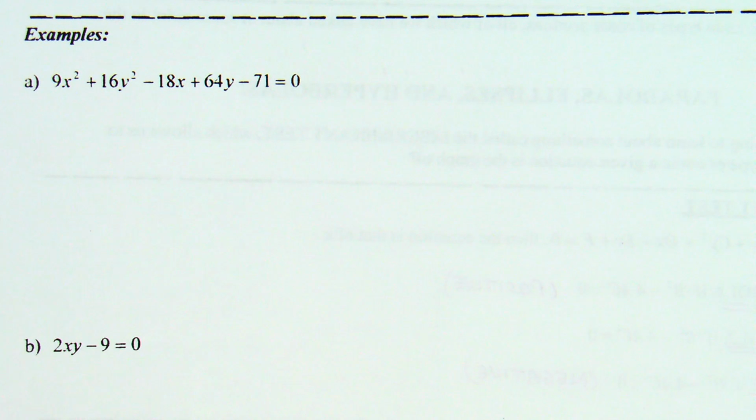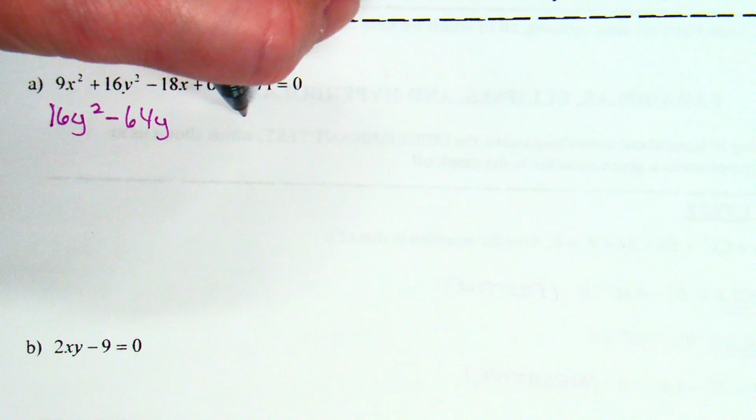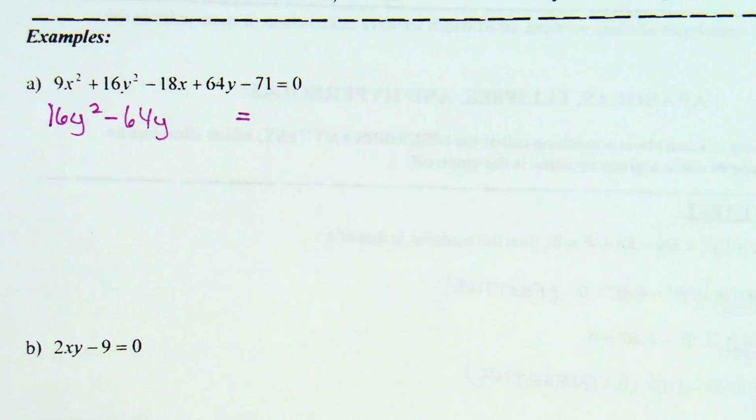So if I keep the y's, that means I'm keeping what? 16y squared and 64y. I'm going to leave a gap. Equals, everybody else moves to the right.